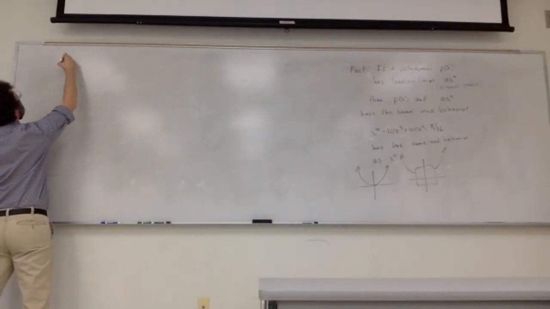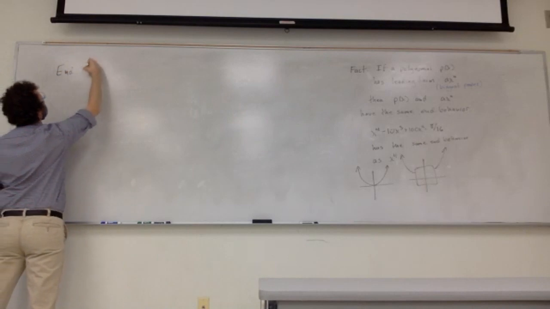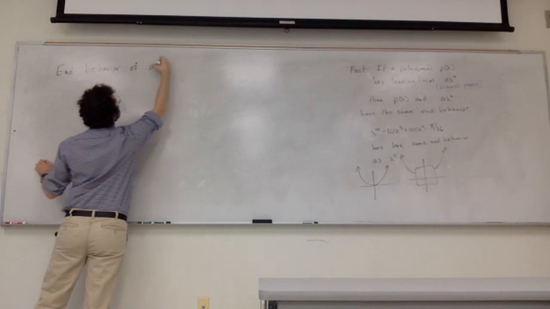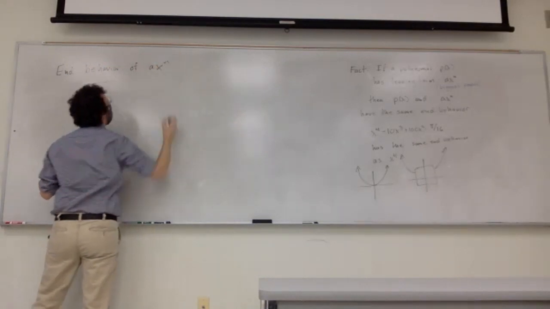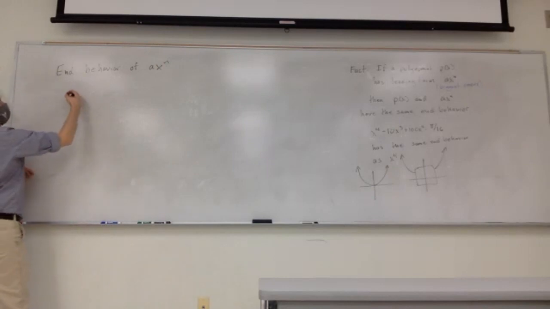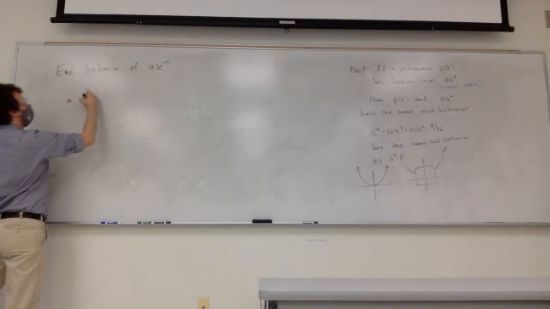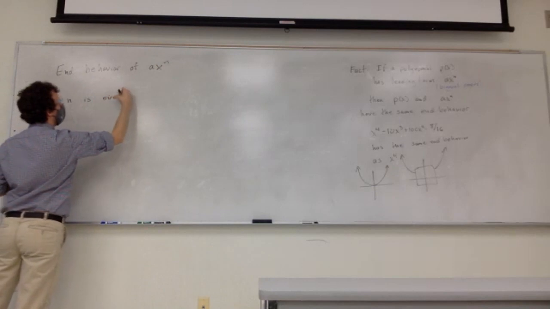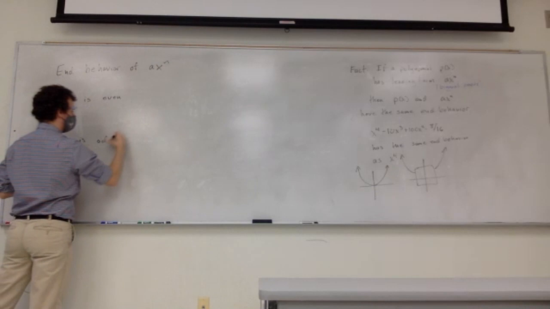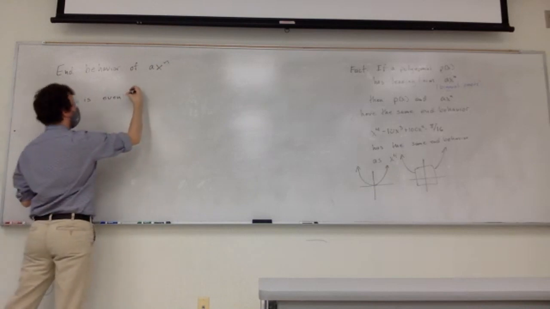If we want to talk about end behavior of a x to the n, the breakdown is you have either the power is even or the power is odd.